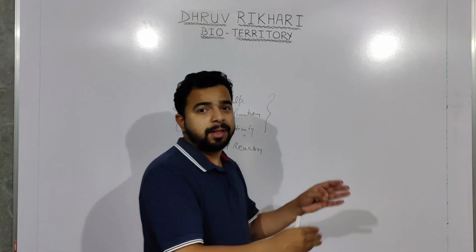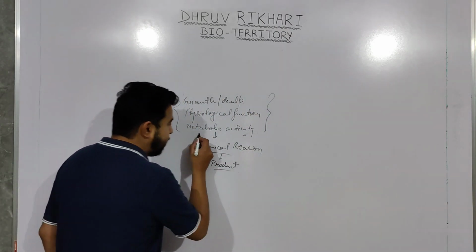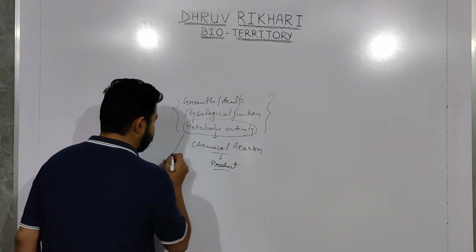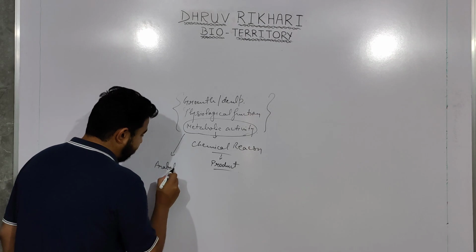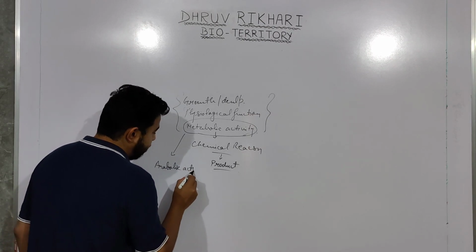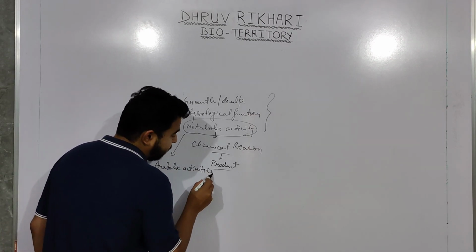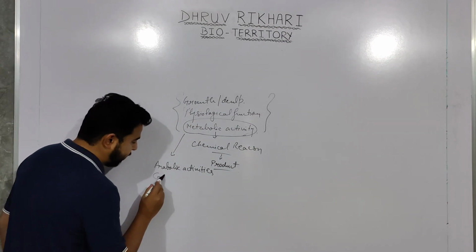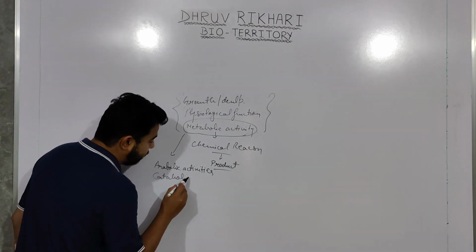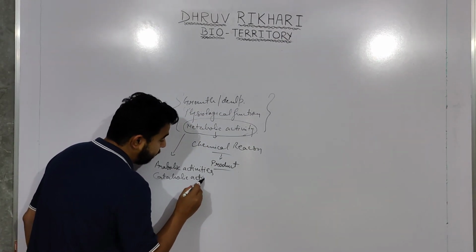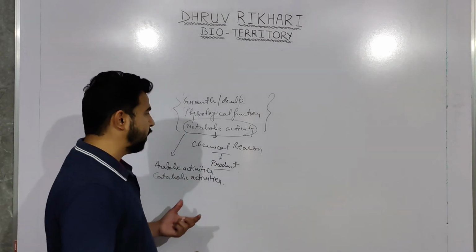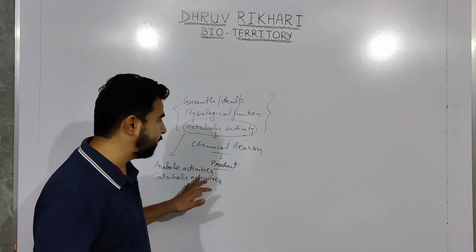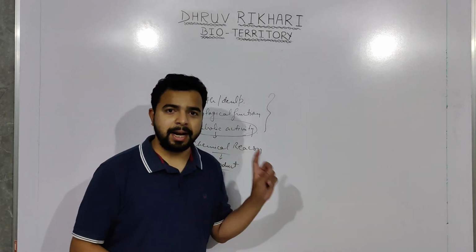By breaking down the glucose molecule. So these chemical activities are classified as anabolic activities and catabolic activities. Anabolic activities are those where the products are formed, and catabolic activities are those where the products are broken down, right? So these are the two types of chemical reactions under the metabolic activities.